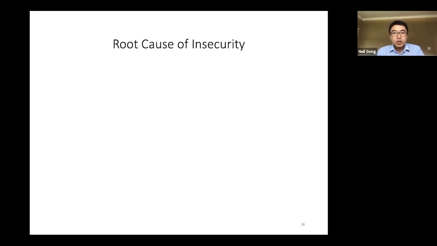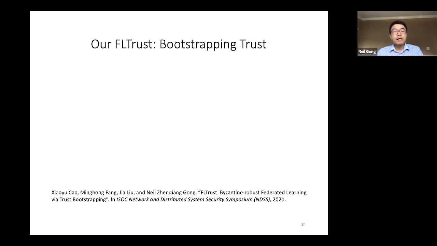First, the root cause of the insecurity of federated learning is that there is no root trust in the system. Specifically, from the server's perspective, every client could be malicious. Based on this observation, we propose to build secure federated learning via bootstrapping trust on the server.